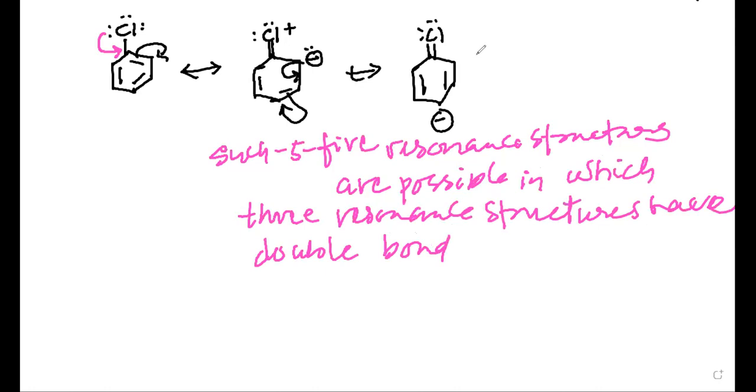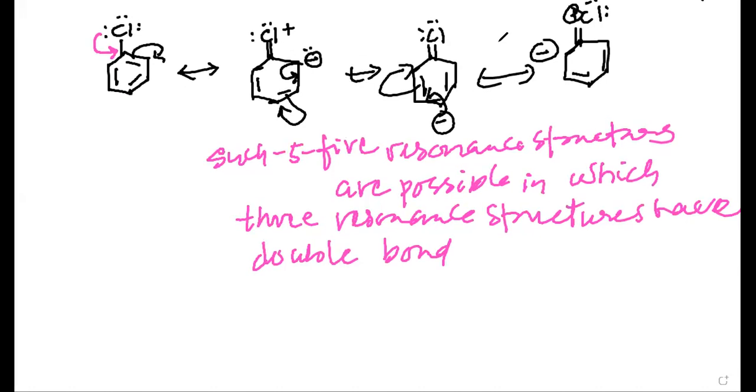So again, if you move to the next, my dear students, now what happens? This electron goes here and this electron comes here, and you can see another kind of resonance structure here. And then you have Cl with the double bond and two lone pairs, and it becomes Cl plus.